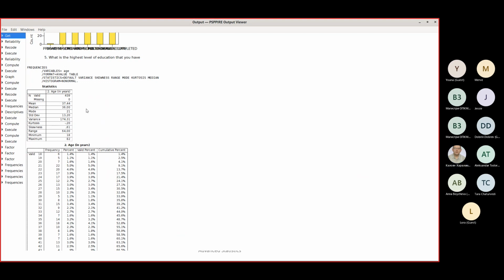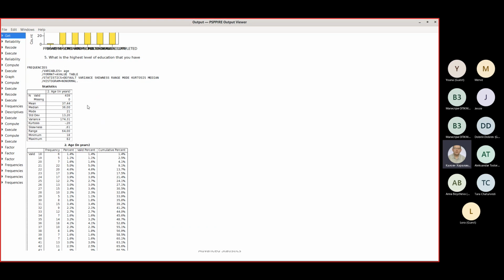First, descriptive statistics for central tendency or measures of central tendency. Mean. This is average mean. So we could say here that the average age of this population, of these 439 persons, is 37.4 years.